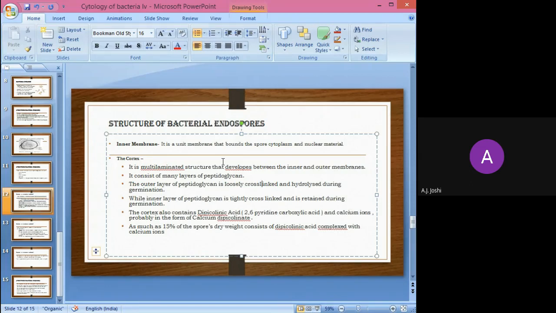Because of this high content, the endospores are resistant to heat and radiation, while the vegetative cell of bacteria is not so resistant.